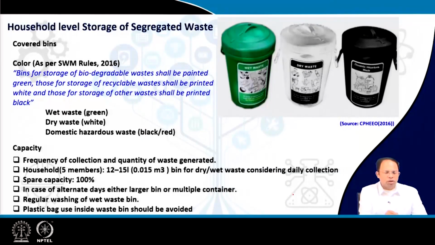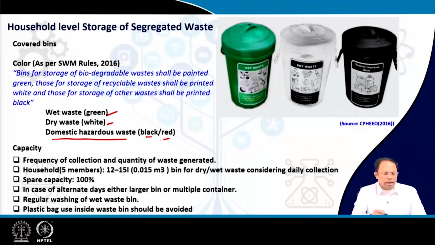Accordingly, in most municipal urban bodies, wet waste is stored in green containers, dry waste is stored in white containers, and domestic hazardous waste is sometimes stored in black containers or red containers, because the rule doesn't specify domestic hazardous waste specifically. That's why some urban bodies adopt the red color container.